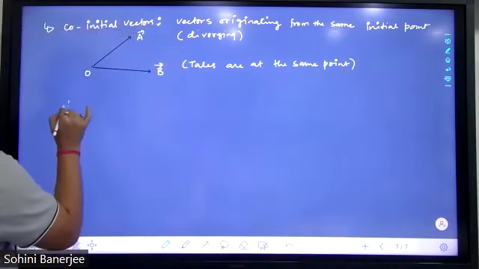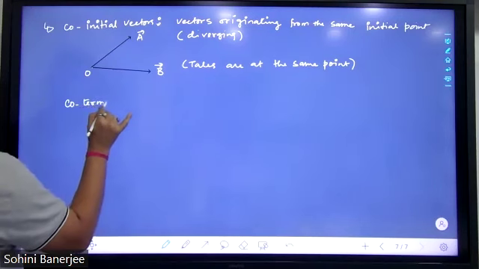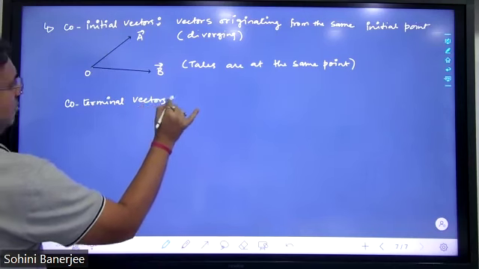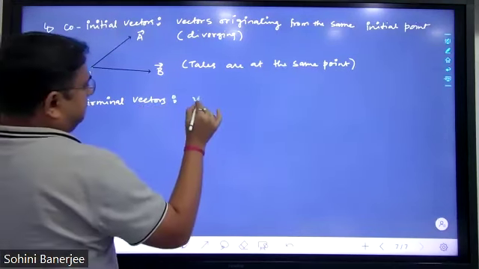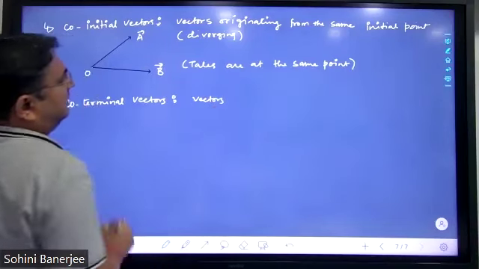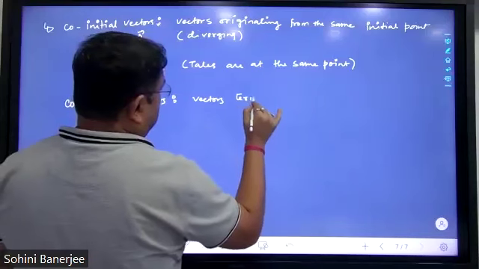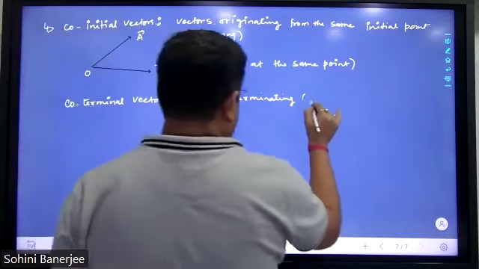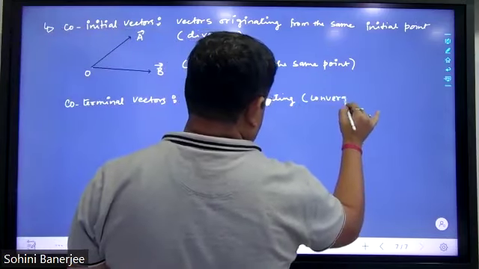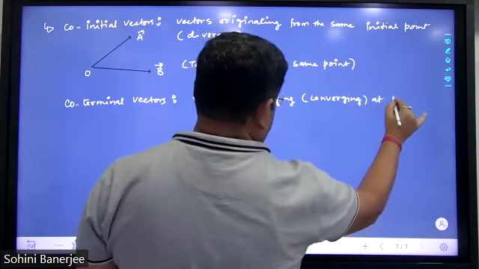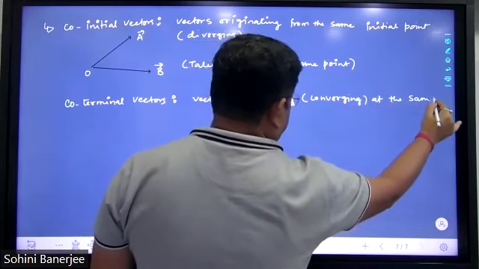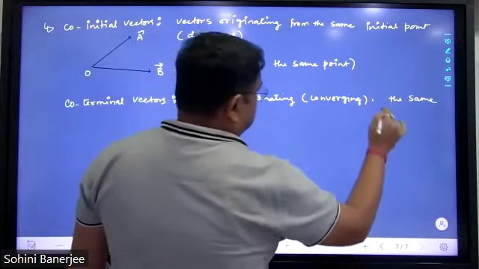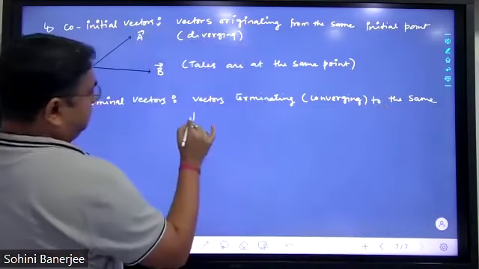Now co-terminal vectors. Vectors terminating, that is converging, at the same point, to the same point.